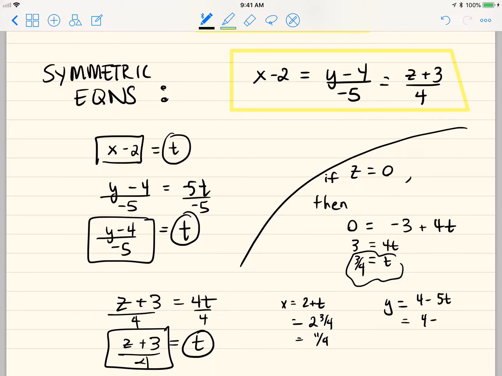So that'll be 4 minus 5 times 3 over 4. So negative 7 over 4. So 11 over 4, negative 7 over 4, and then lastly, z is going to be 0.